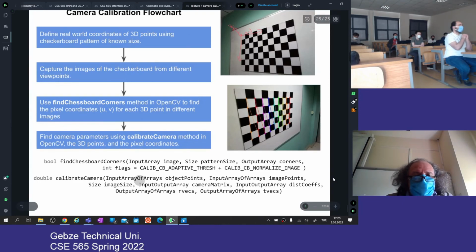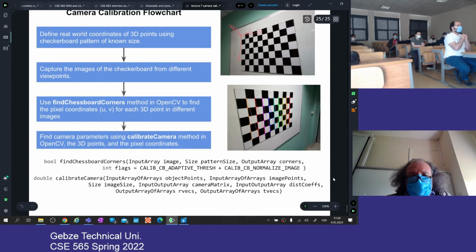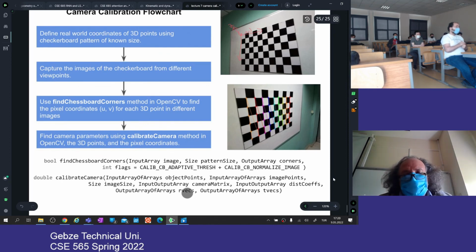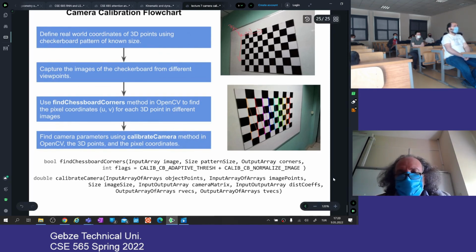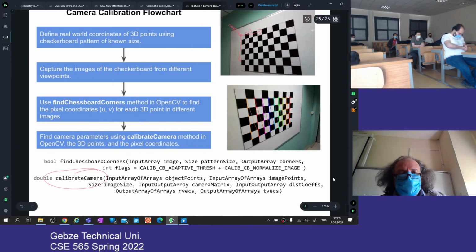It takes object points, image points, and image size, and it gives you output arrays: camera matrix and distortion coefficients. Remember in my method I didn't give you the distortion coefficients, the radial distortion coefficients from last time. This one is going to give you those too, along with rotation vectors, 9 numbers, and translation vector, 3 numbers. So calibrate camera will give you this.